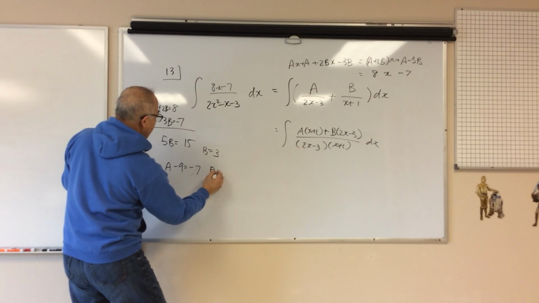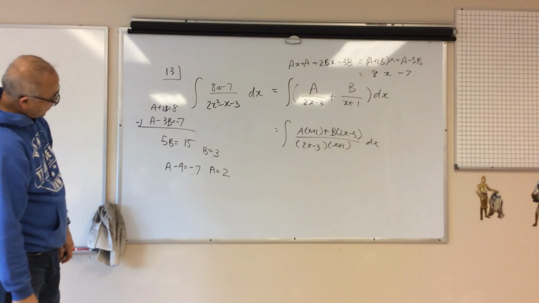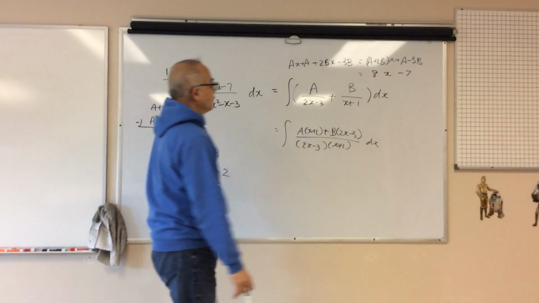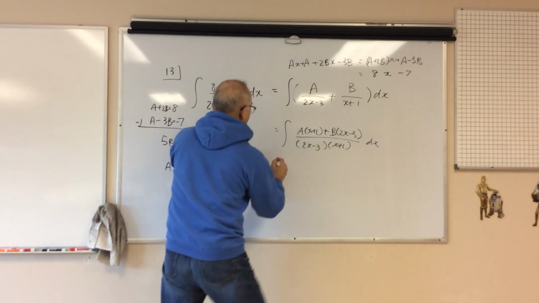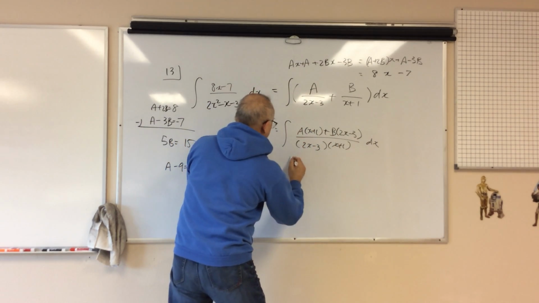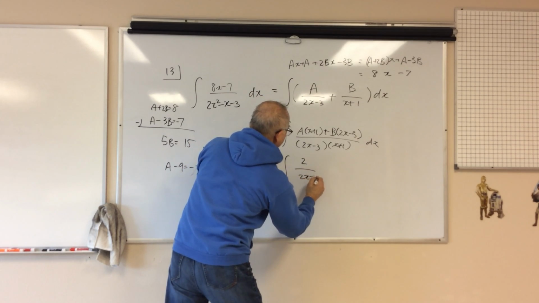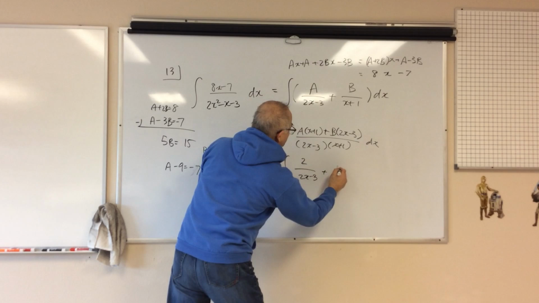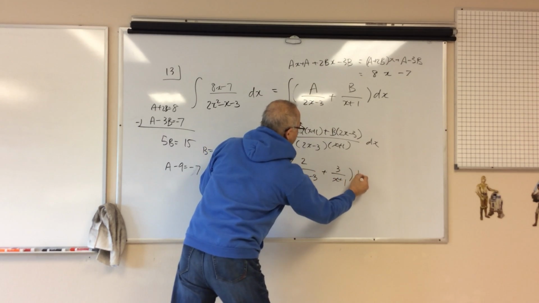So a must be equal to 2. So basically, this becomes 2 over 2x minus 3 plus 3 over x plus 1, dx.